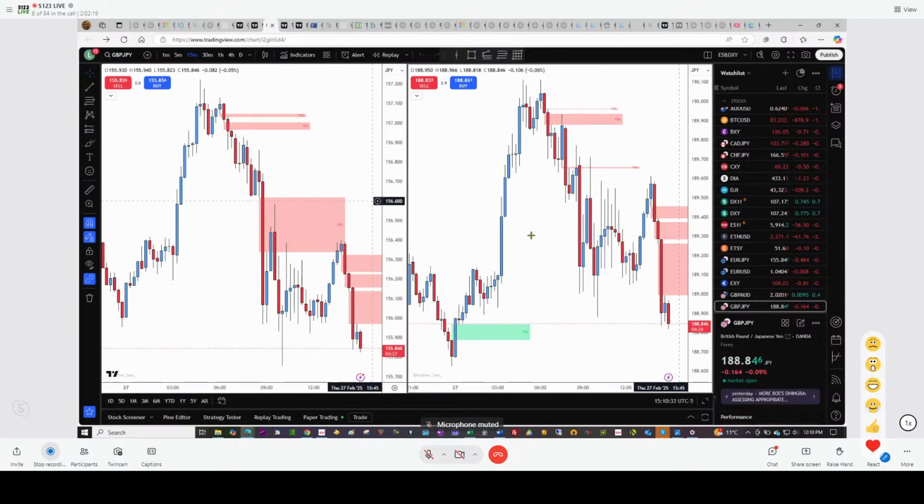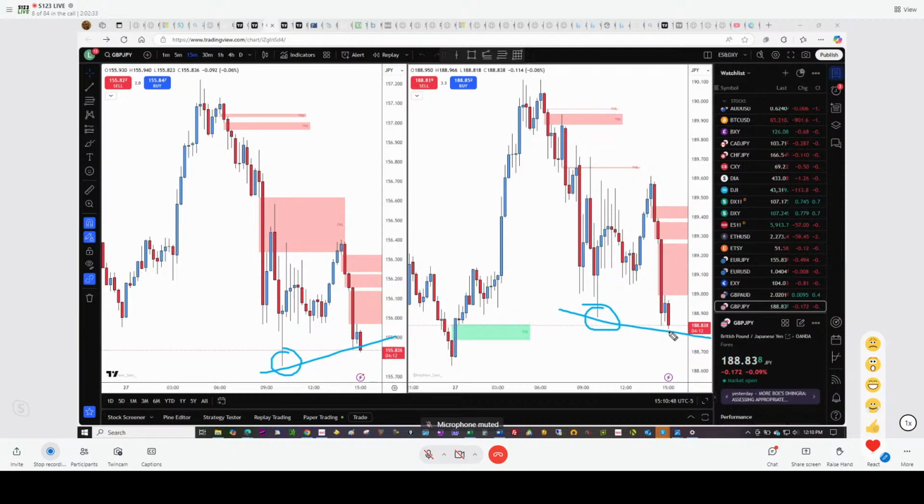If I go to the 15-minute time frame, which is what I'm on, you see we have divergence on this candle. Right now the GBP JPY is a little weaker because we've taken out that low, but this low was lower on the Euro JPY. So they both are basically about the same at this point, right?